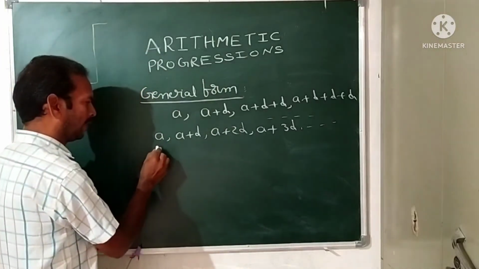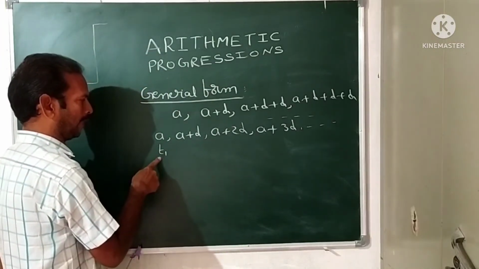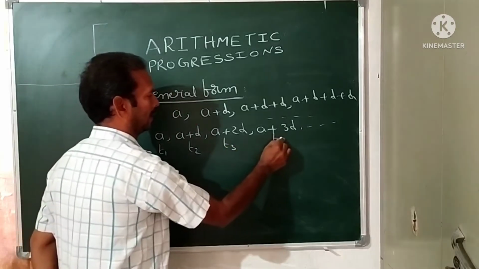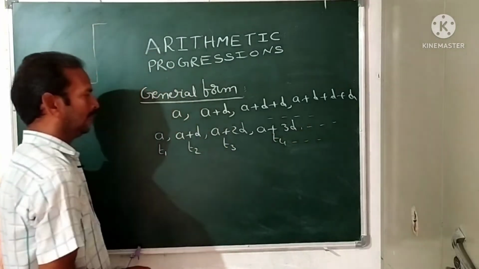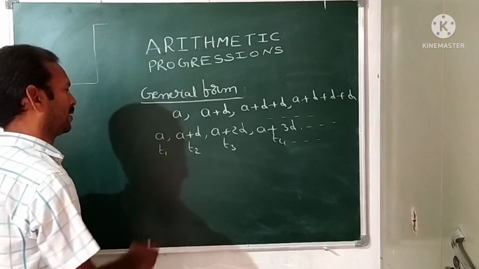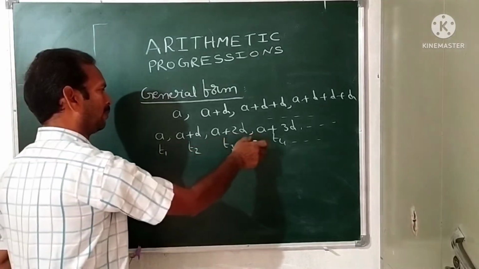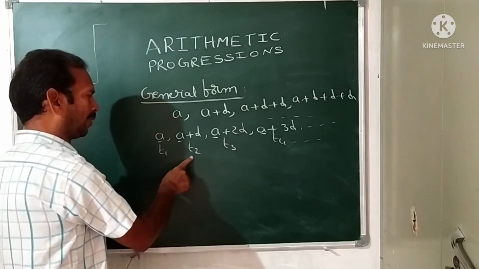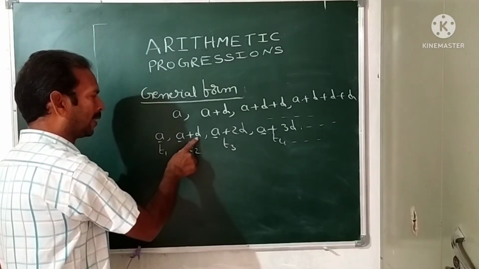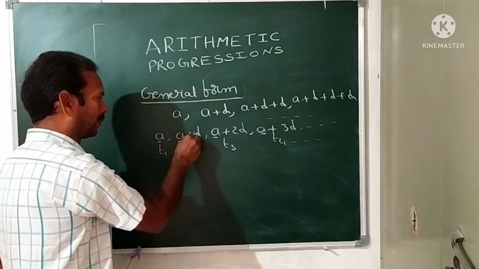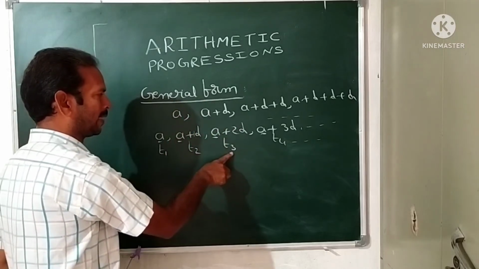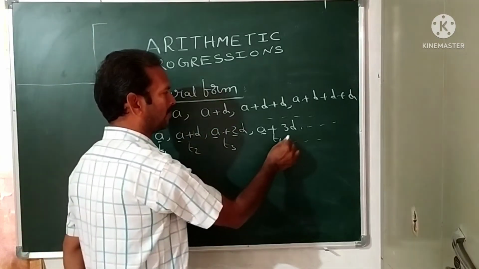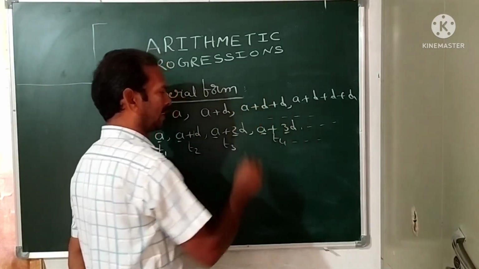These are term 1, term 2, term 3, term 4. If you observe carefully, in each and every term a is common. In the second term, d is there one time. In the third term, d is there 2 times. In the fourth term, d is there 3 times.